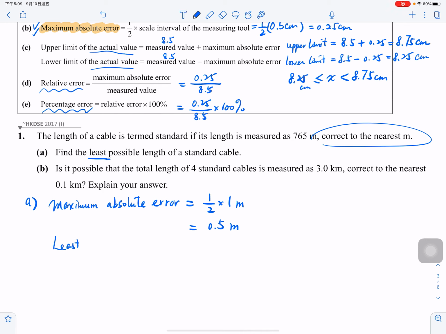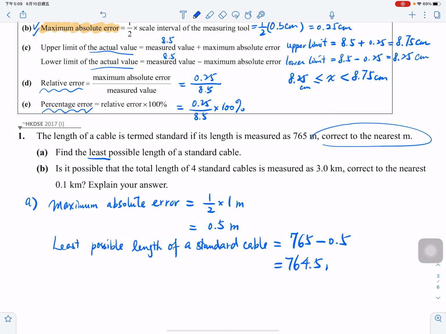Therefore, the least possible length of the standard cable equals 765 minus 0.5. So you found that 764.5 meters is the least possible length.